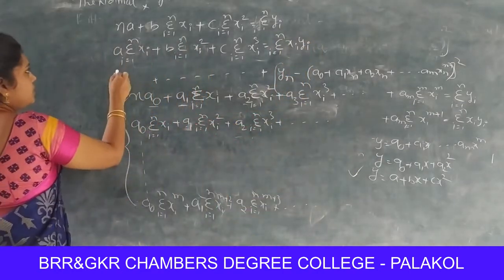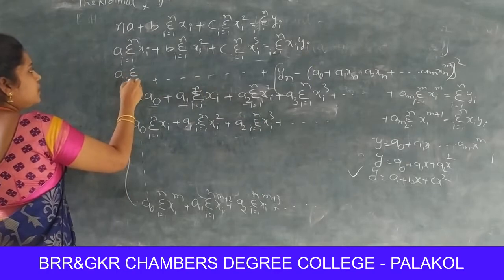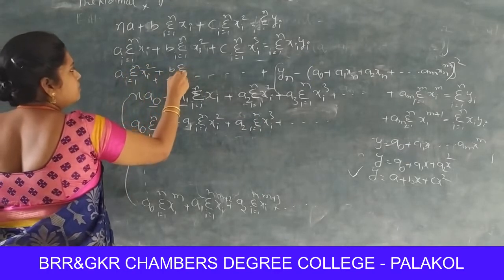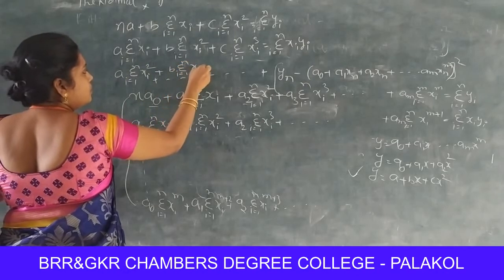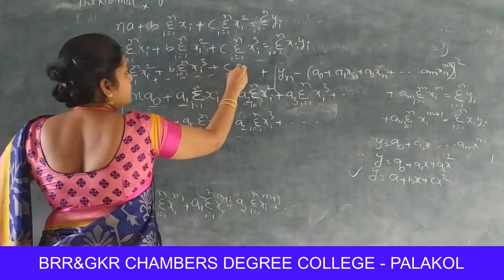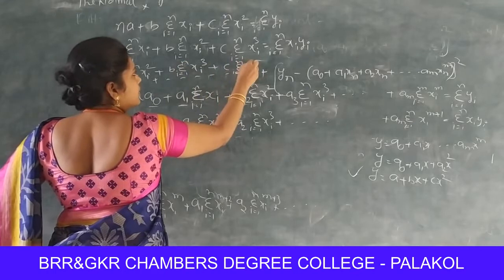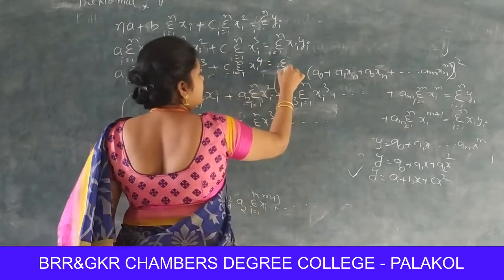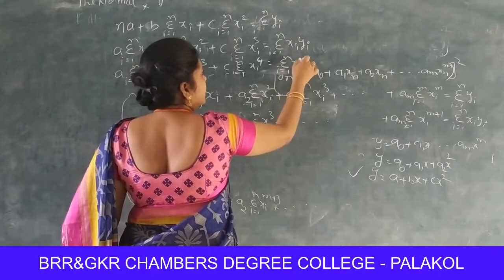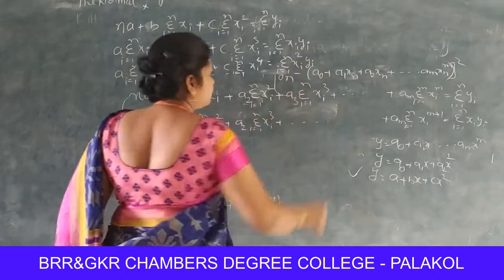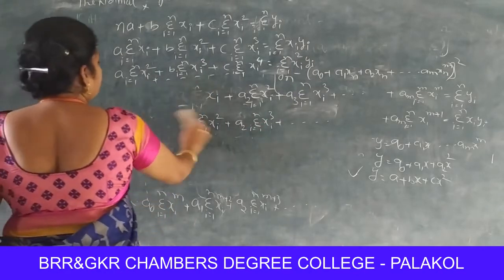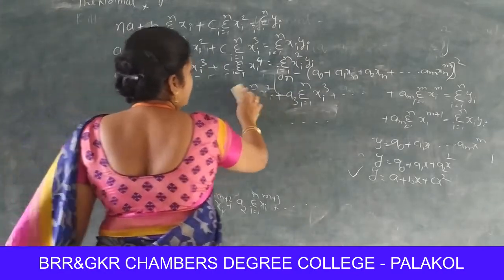Next equation: a into sigma xi square plus b into sigma xi cube plus c into sigma xi power 4, equal to sigma xi square yi. So, these three equations are the normal equations for fitting a parabola.